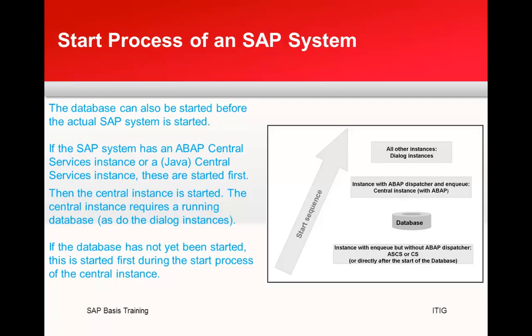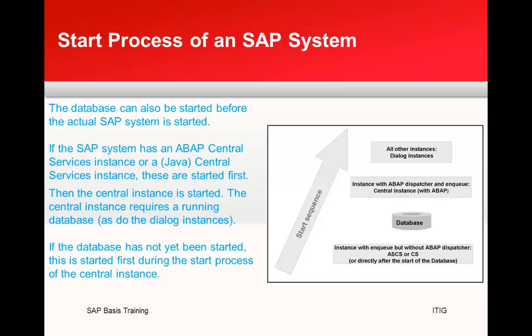Okay, then here we are seeing how the different instances are started and the sequence in which they are started. The first priority goes to the ABAP central services instance, with priority number 1. Priority number 2 goes to the central instance with an ABAP dispatcher and an enqueue work process.